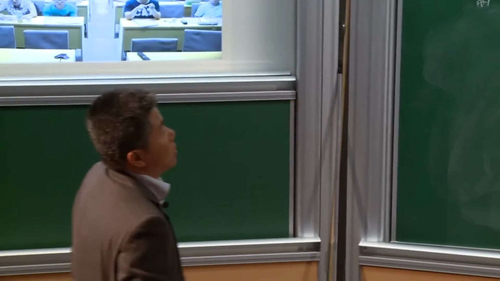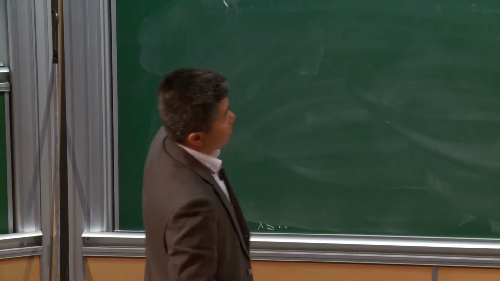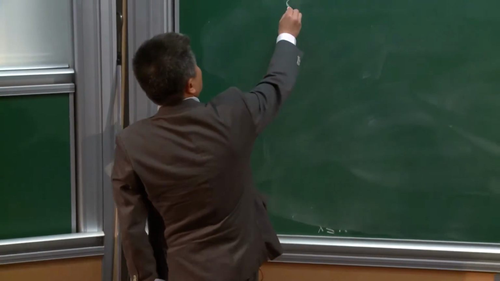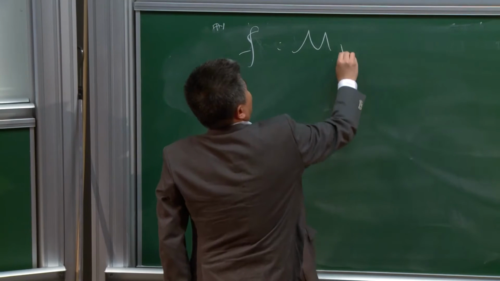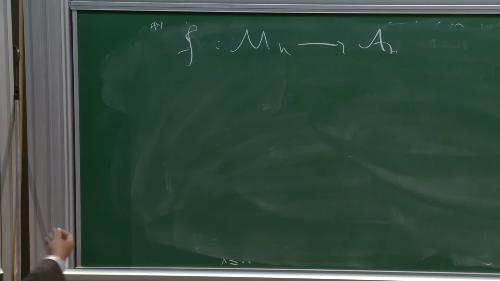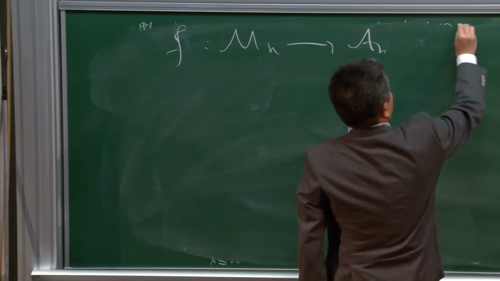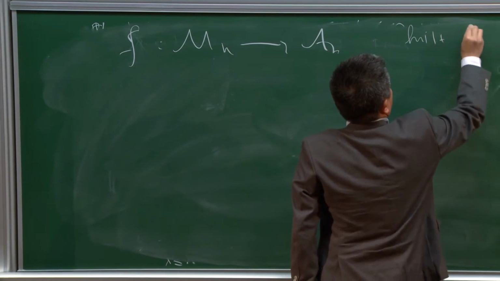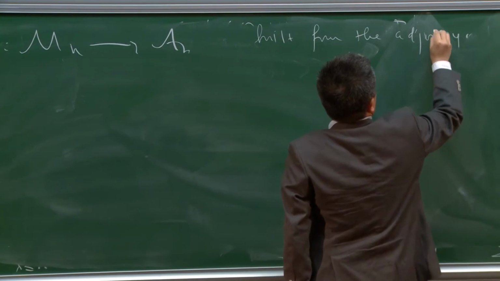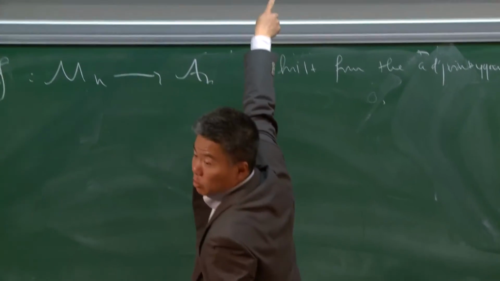Okay, so we want to use the Hitchin fibration, which has this form M_n to A_n, where A_n is some kind of adjoint quotient of the monoid. M_n is this moduli space of endomorphisms of E bundles.